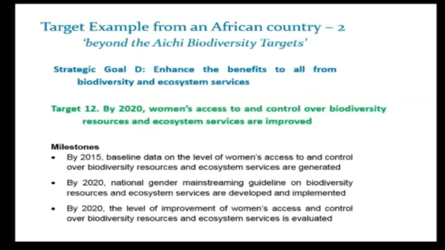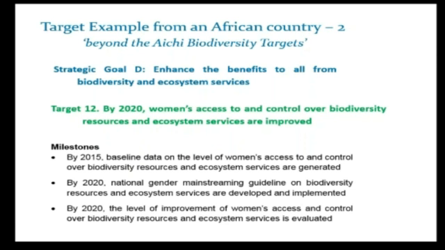Another example from this country is under Strategic Goal D, enhance the benefits to all from biodiversity and ecosystem services. And in this country, they considered that they needed to have a target that said by 2020, women's access to and control over biodiversity resources and ecosystem services are improved.